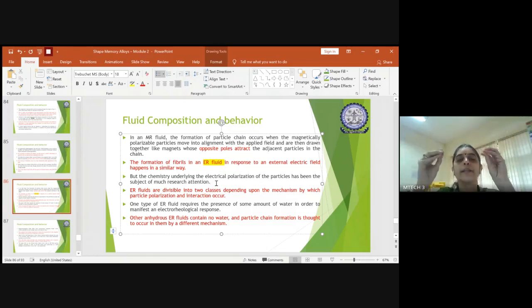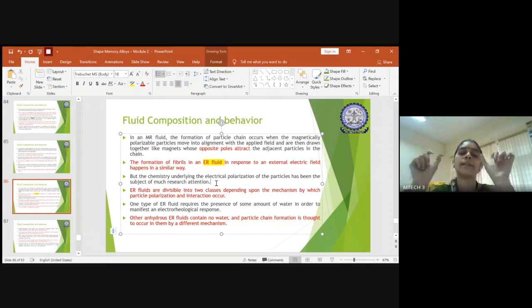Whereas in case of ER fluid, you can easily supply the electrical field as and when required for a particular period of time. More research and attention is focused on ER fluid because both might be good, but the economical aspect, how much you can rely on it and how feasible it is to supply the input, all this you should understand.